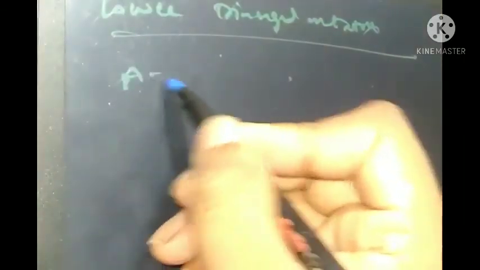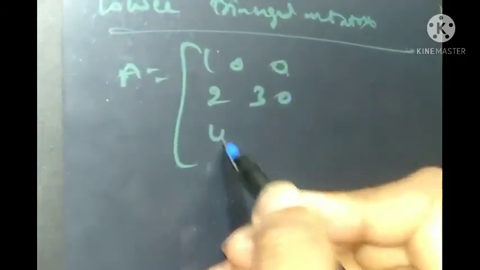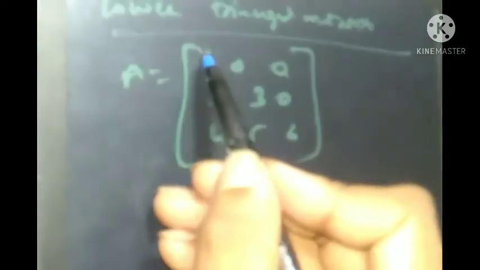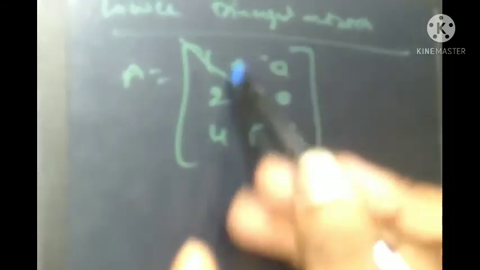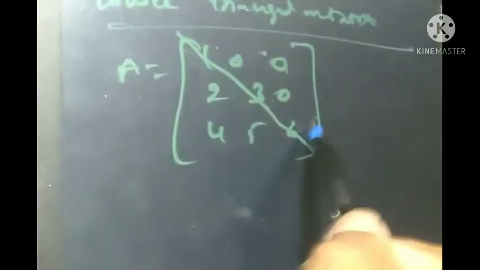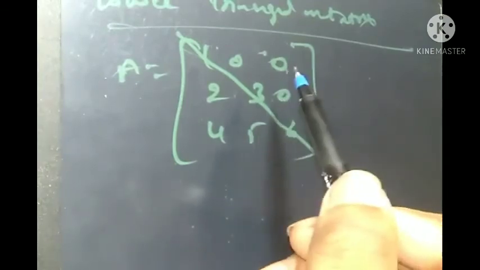Suppose we consider one example: 1 0 0, 2 3 0, 4 5 6. See this is the diagonal line. Above this, all the entries are 0. That type of matrix we call a lower triangular matrix.